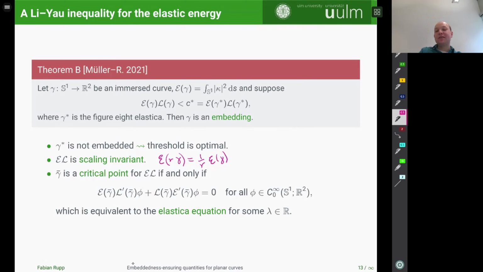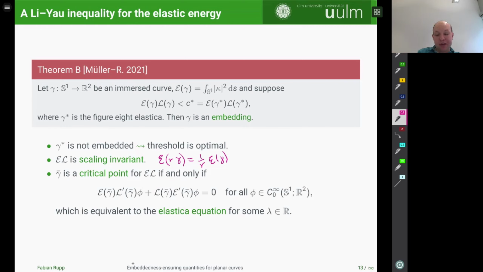A third point is that the critical points of this energy E times L, so if you set the Fréchet derivative of E times L to be 0, then you get this Euler-Lagrange equation down here, which if you compute it carefully, you see that this is just the integral form of the elastica Euler-Lagrange equation for some value of lambda.